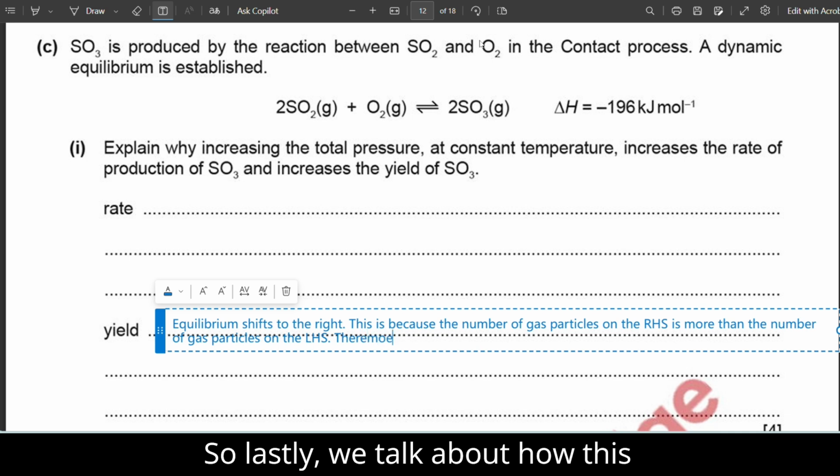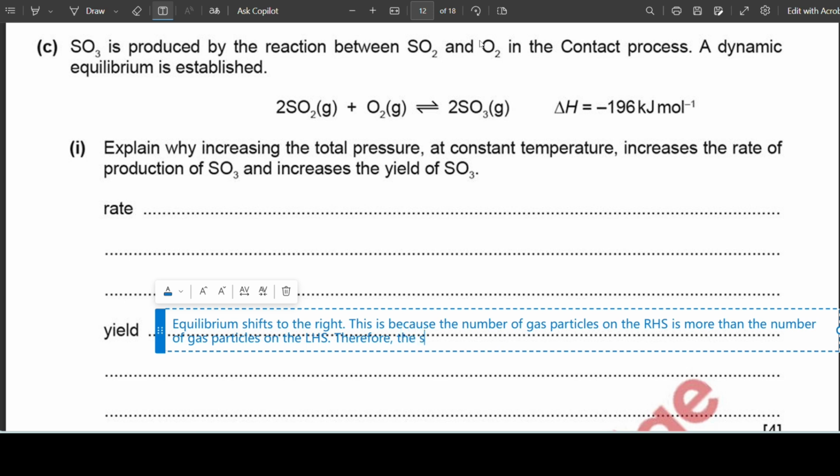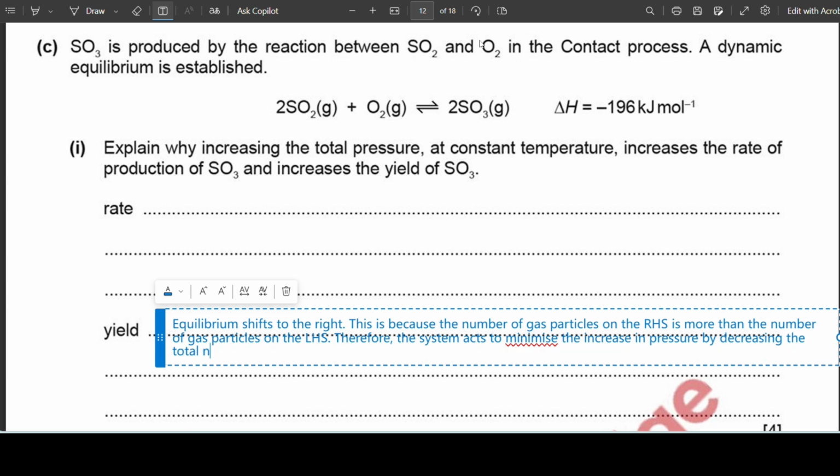So lastly, we talk about how this happens to fight the change.